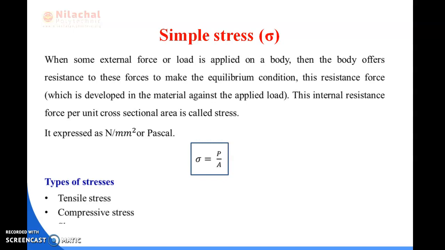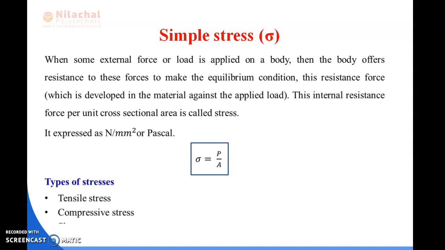Whenever a body is subjected to a loading system, due to the force the body gives a return force against the applied force.